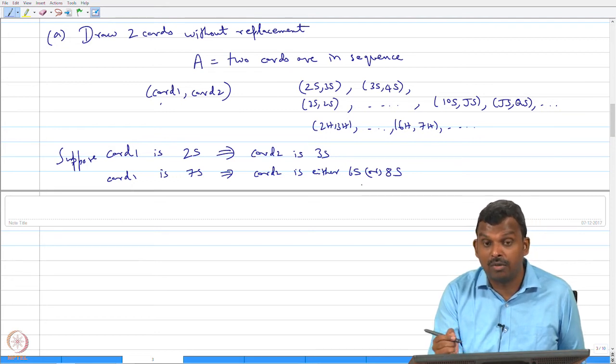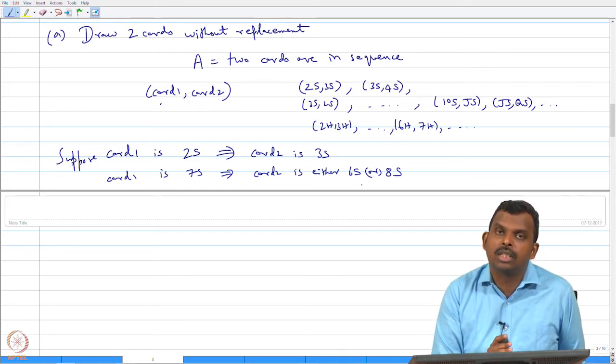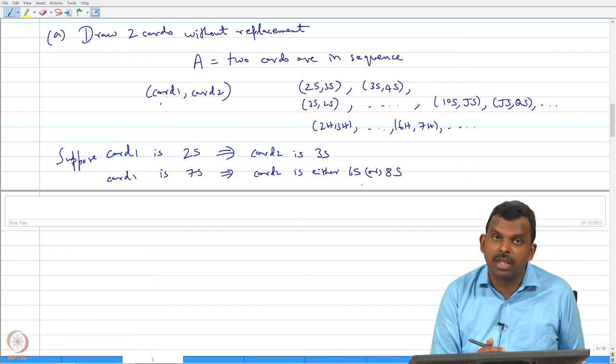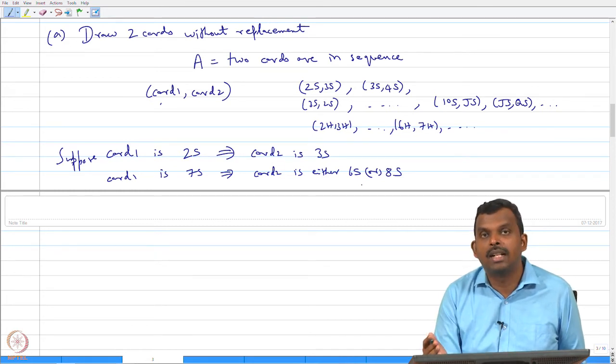So, you are going to look at this event of 2 cards in a sequence and first break it down on what happens in the first card. The first card could be any one of the 52 possibilities, but you do not have to look at all the 52 possibilities in detail. You can first look at the one case in which you either had a 2 or an ace and the second case in which you had anything else.